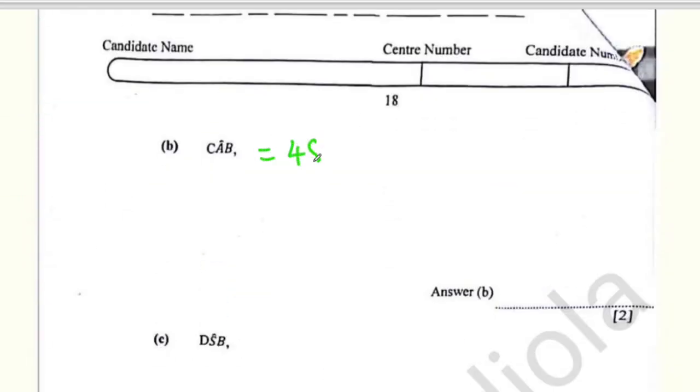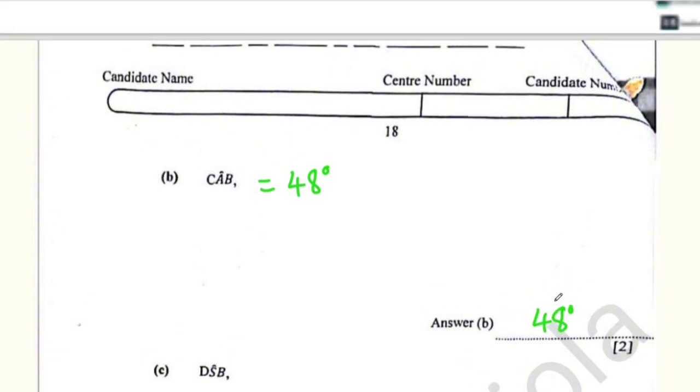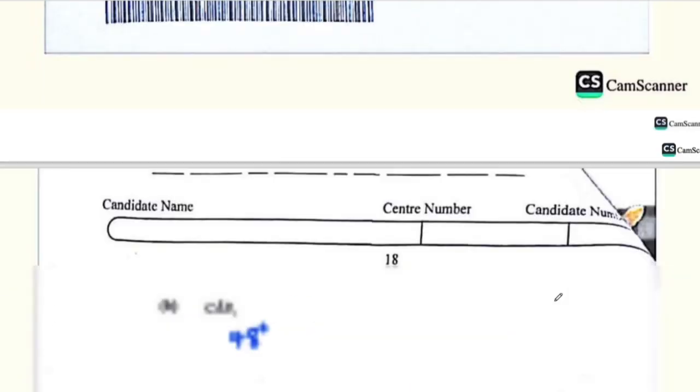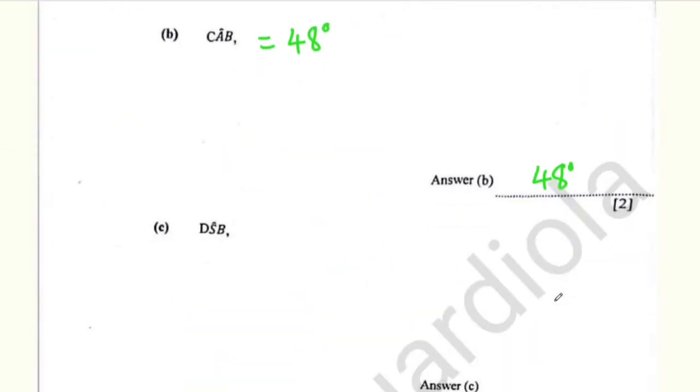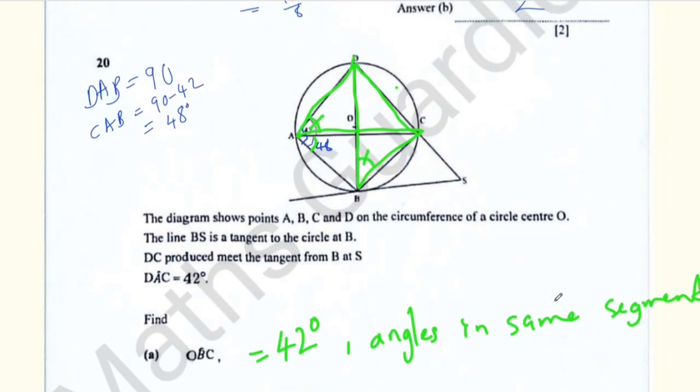So that angle is 48 degrees, and we justify by saying that it's an angle subtended at the circumference of a triangle which has one of its sides as the diameter.